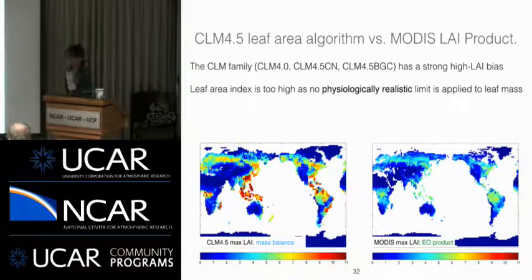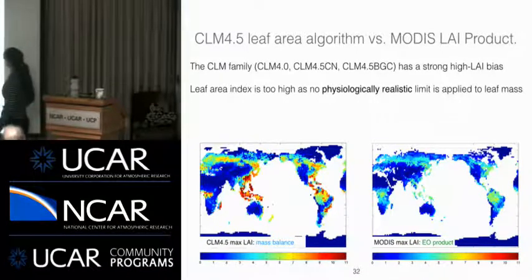The reason, historically, in the recent past, is that the CLM family of models, CLM4 and 4.5, have this really strong high LAI bias. These are the MODIS observations, the maximum LAI, and this is the model output from CLM 4.5.